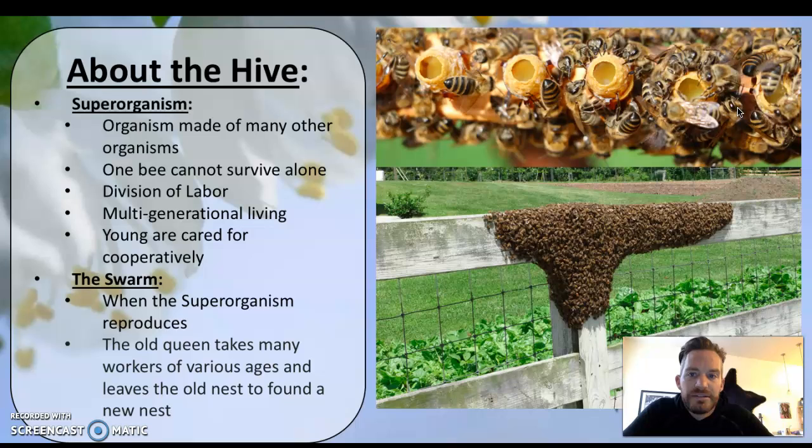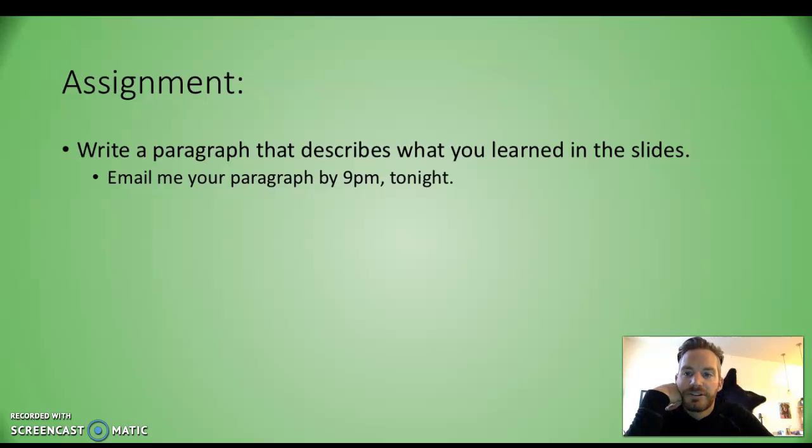So that is the superorganism, the swarm, and the life cycle of the hive itself. Hopefully we'll get to see that with our own hive eventually. So your assignment is to write a paragraph that describes what you learned today about the superorganism, the swarm, and the life cycle of a beehive.